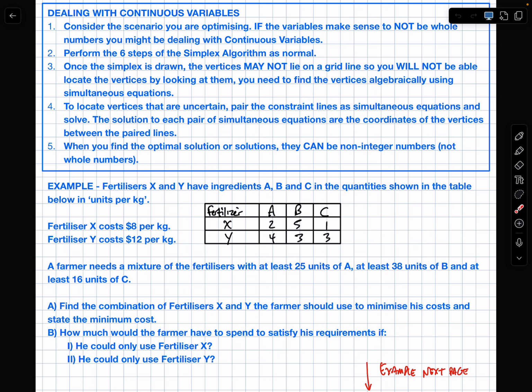Get the example down as well. If you've got the example, start drawing your simplex, please.